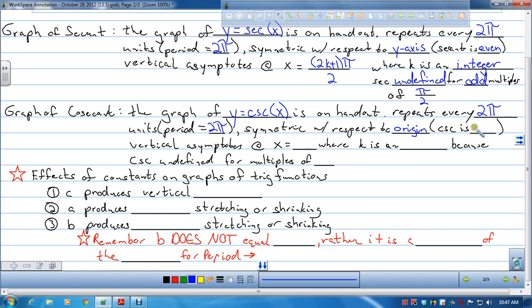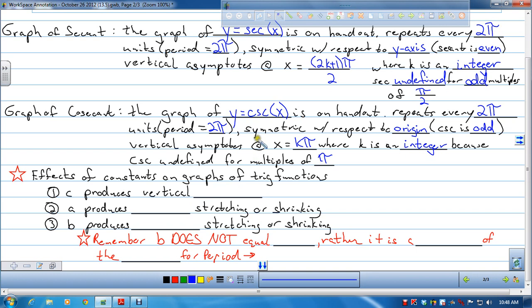So therefore it is odd. The vertical asymptotes are at x equals k times pi, just like cotangent was, where k is an integer. And that is because cosecant is undefined for the multiples of pi. So pi, 2 pi, 3 pi, 4 pi, 5 pi.